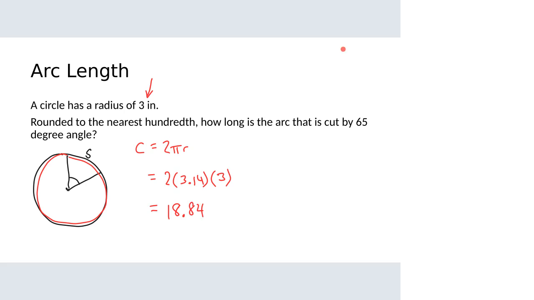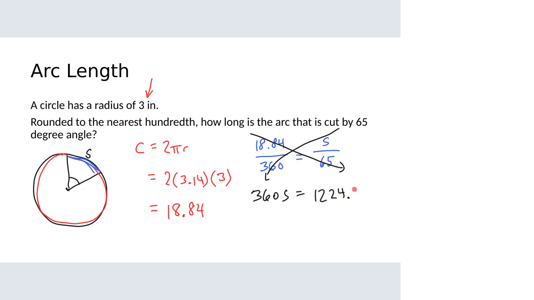And what I want to do then is set up a proportion that is, let's see, 18.84 is all the way around the circle, and 360 degrees is all the way around the circle. I want to know how much of that 18.84 would be in the arc created by this 65-degree angle. Now I've got a proportion set up, and I can solve it. We'll have S times 360, or 360 times S, is whatever 18.84 times 65 is. 1224.6.